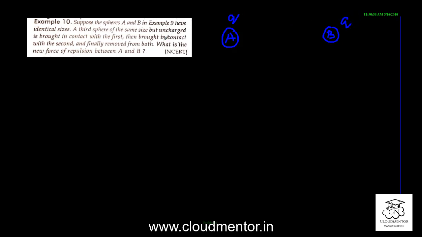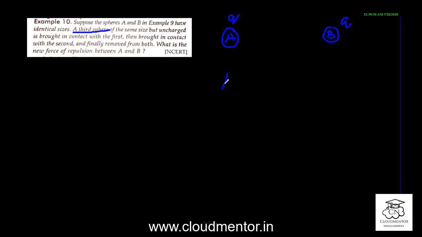And here the change is a third sphere of the same size but uncharged. So the uncharged one is brought in contact with the first, and then brought in contact with the second. That's the question here.